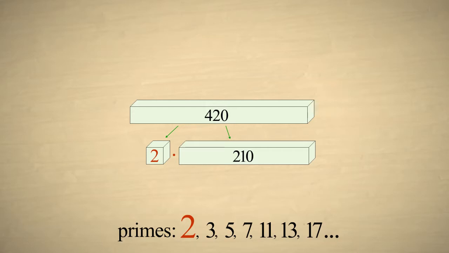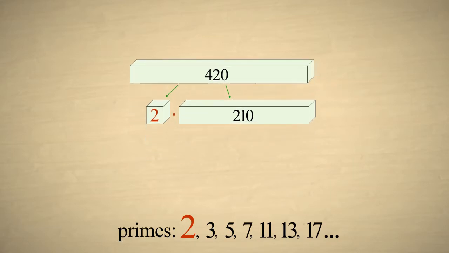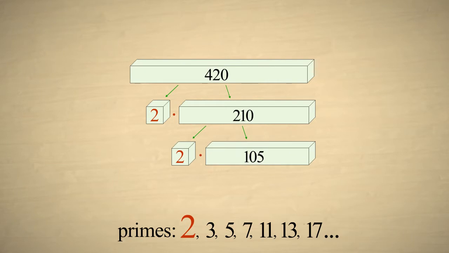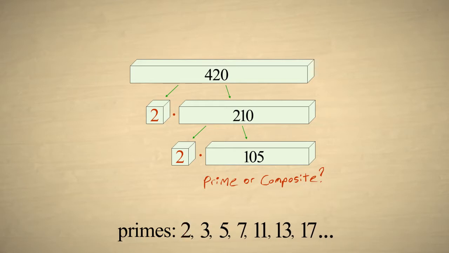However, 210 is even, so we can factor out another 2. We now have 2 factors of 2 times 105. If 105 is prime, then we can stop. We know that 2 is not a factor of 105 because 105 is not even. But it may be divisible by the next prime, 3.